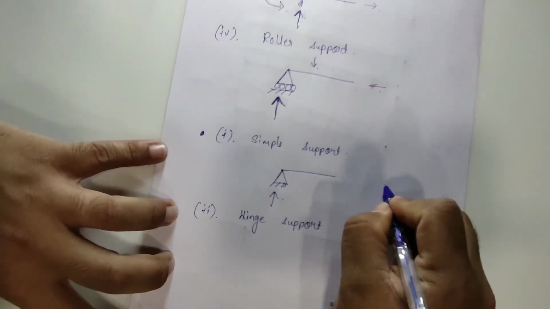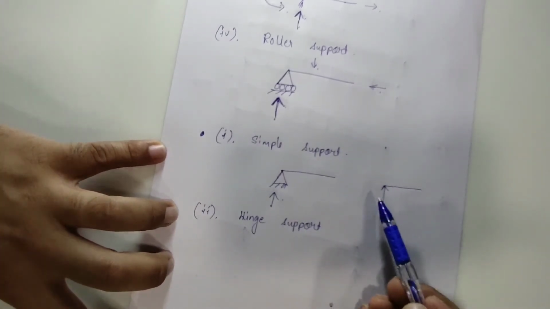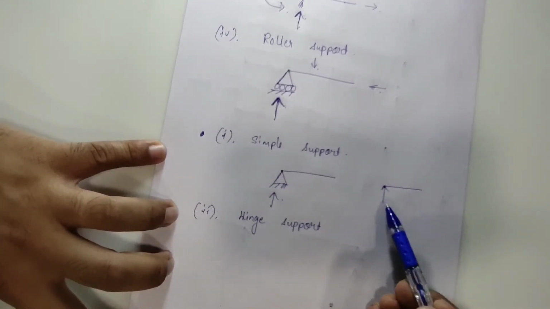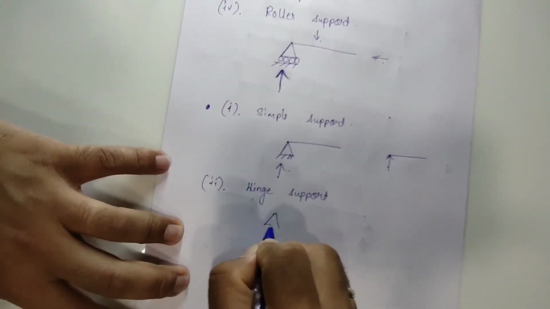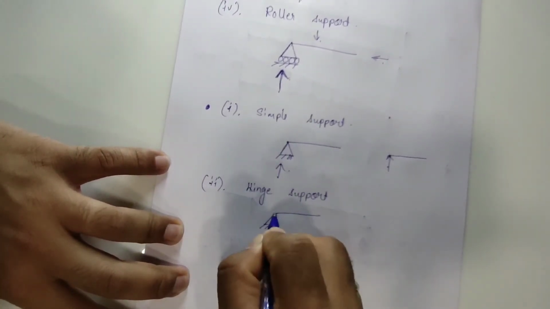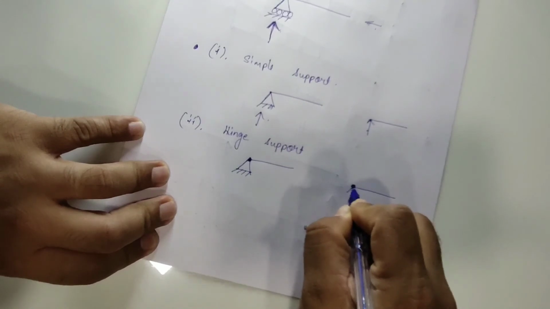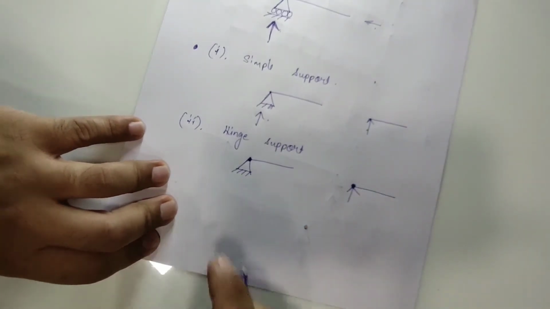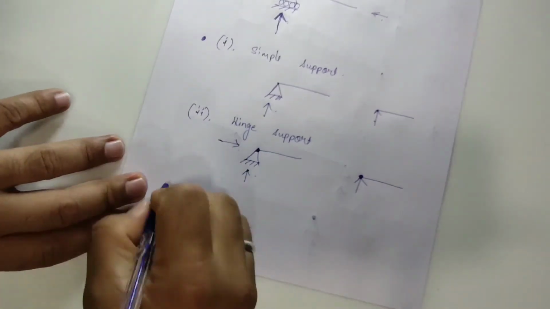It can also be denoted like this, in the form of this reaction. This is also a simple support. A hinge support is noted like this, with a hinge provided at this end. Another way to represent the hinge support is like this also. And a hinge support provides vertical and horizontal reactions.